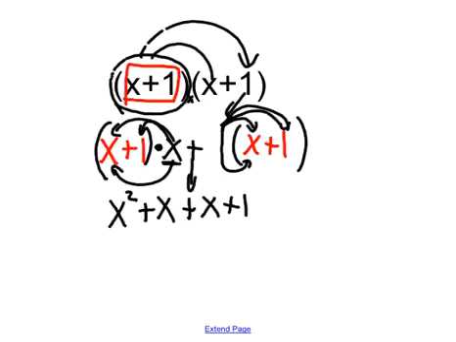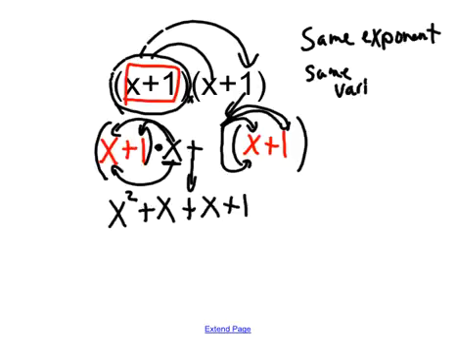And then what I want to do is collapse this thing back together and add together like terms. Like terms have the same exponent and the same variable. So as I look at this, I've got this term right here, and this term has an x as a variable.